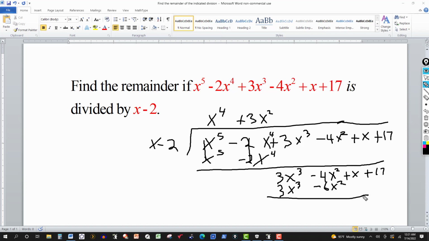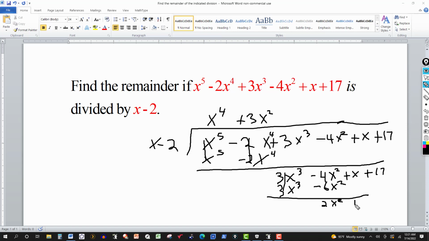And then we subtract. So 3x cubed, subtract 3x cubed, those cancel out, go to 0. Minus 4x squared, subtract the negative 6x squared. This becomes a plus, so it's a plus 6x squared and a minus 4x squared gives me a 2x squared, and then we just bring these others down.